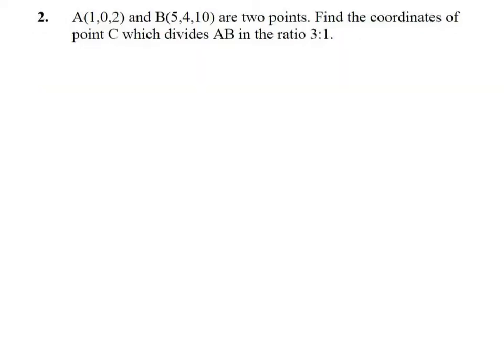Okay, question 2, we're asked to find the coordinates of a point which divides a line in the ratio 3 to 1. We must draw a picture here. So I've got a line AB, I've got a point C, which divides that in the ratio 3 to 1. Now I can set up my proportion.